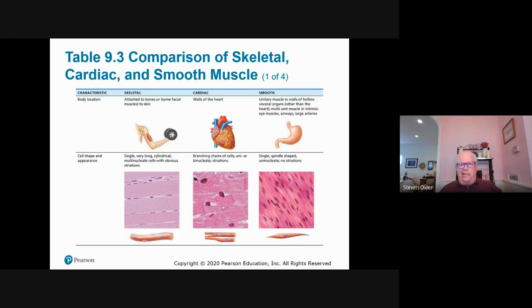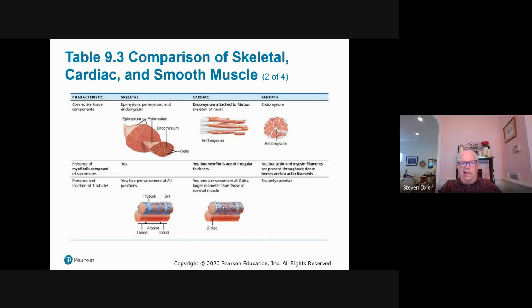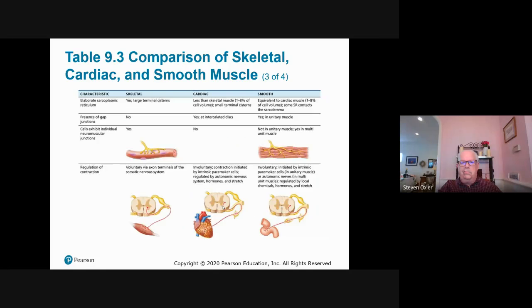This is a good review of the differences, as is this. All these are good reviews of the differences and comparison of the three muscle types.